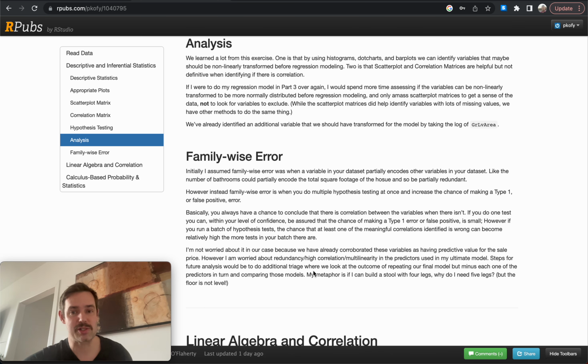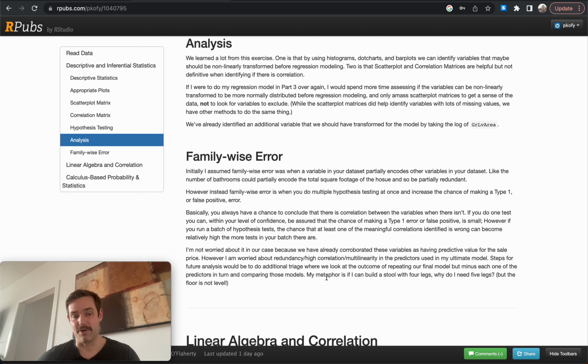Family-wise error, initially I thought that this was when one of your predictors partially encodes another one of your predictors. But no, family-wise error is when you say with 95% confidence that one of these predictors has a correlation to your target variable, but that means you have a 5% chance of saying that it has a relationship, but it actually doesn't.